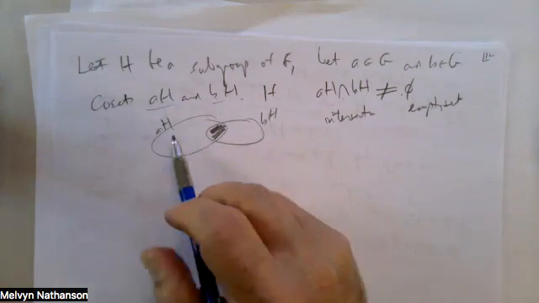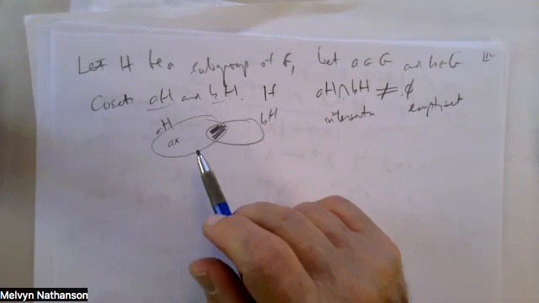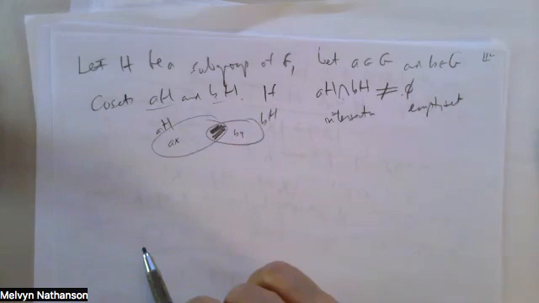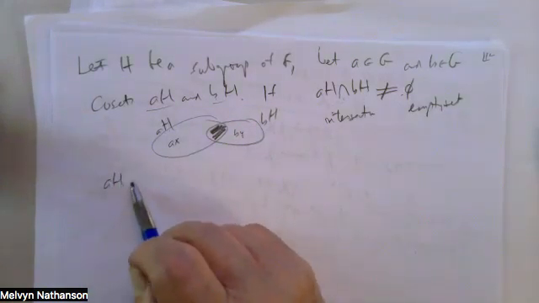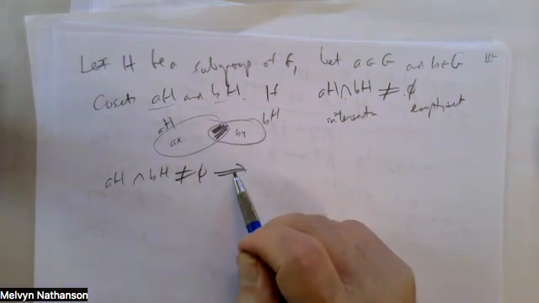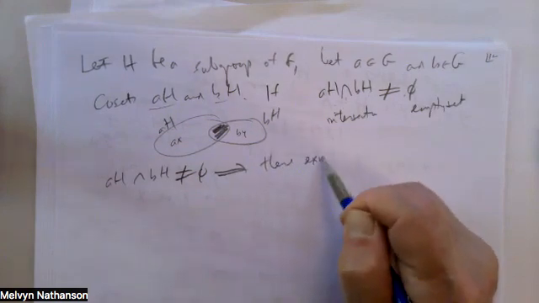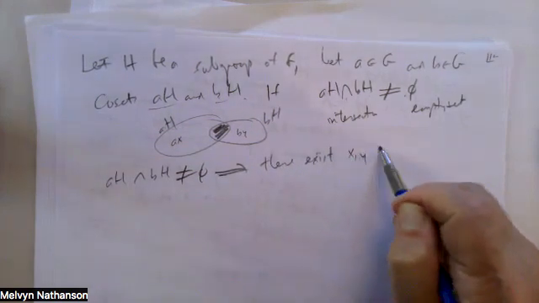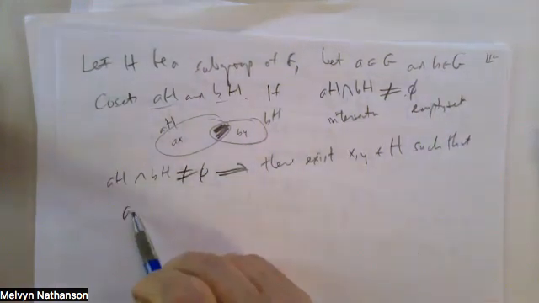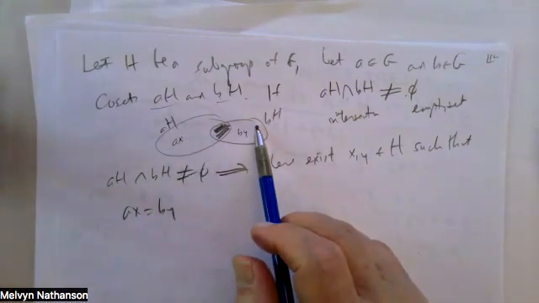So everything in AH is of the form A times x. Everything in BH is of the form B times y. So if AH intersect BH is not empty, that means there exist elements x and y in H such that Ax equals By. Something in here is also in here.